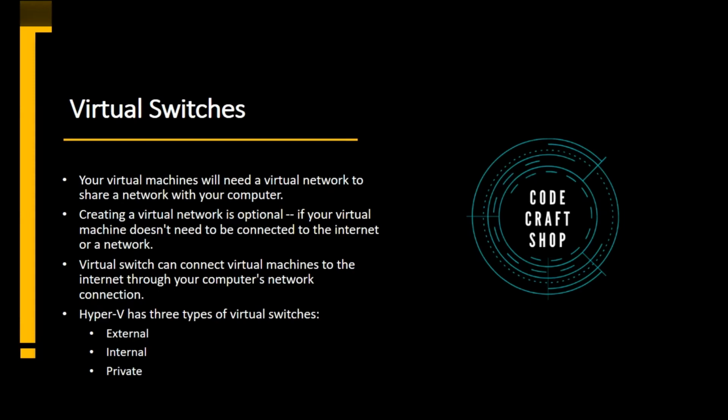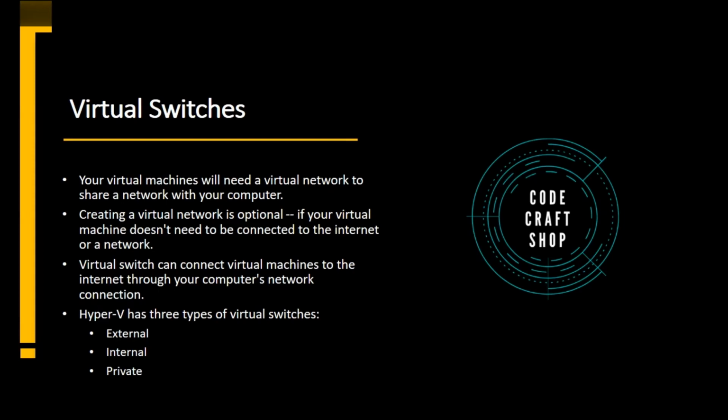So virtual switches provide a connection between the virtual machine and the host operating system. Like if I want to share my network which is on my laptop with the virtual machine that I have installed in VMware, how does this happen? This happens through virtual switches.